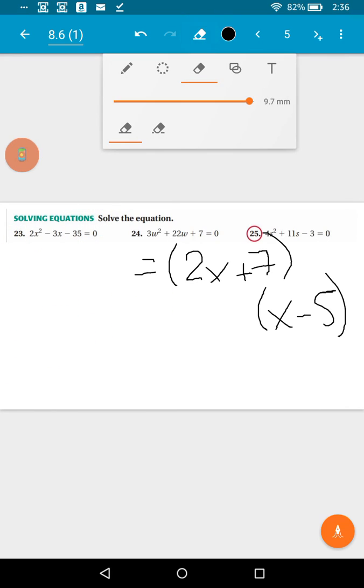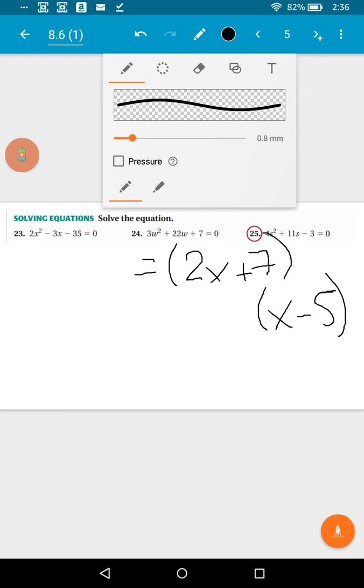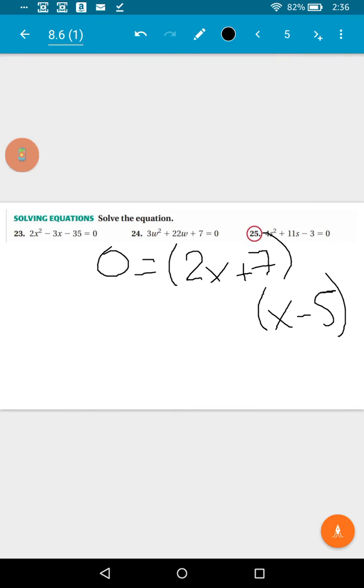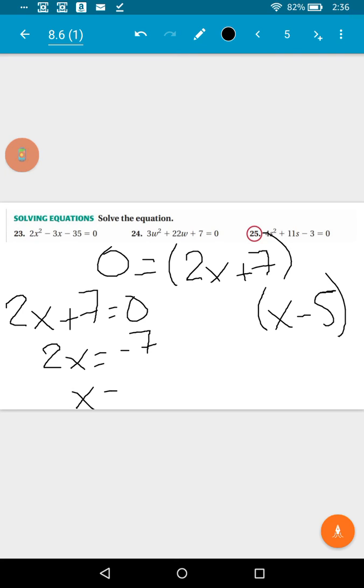So when we're solving, obviously this was equal to 0. Okay, you take 2x plus 7 equals 0. First thing, you're subtracting that 7. So you have 2x equals -7. My final step is dividing by 2. You have -7 over 2.